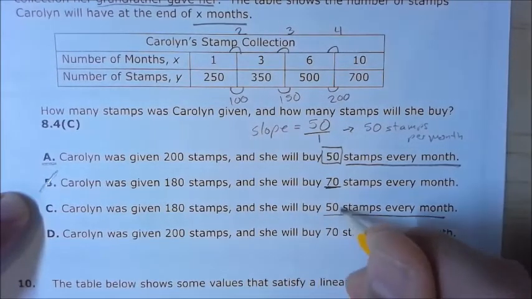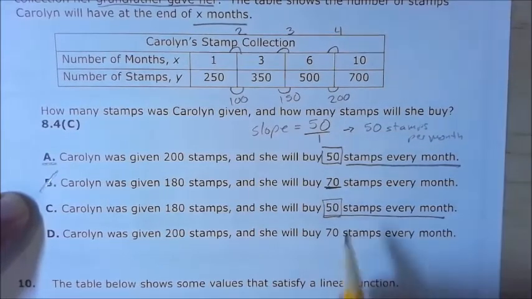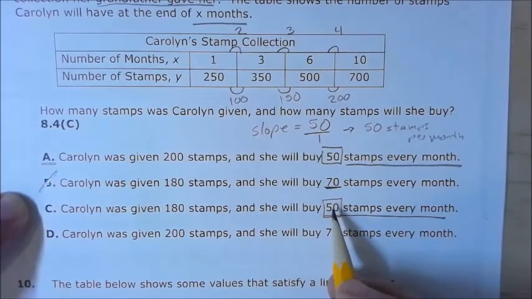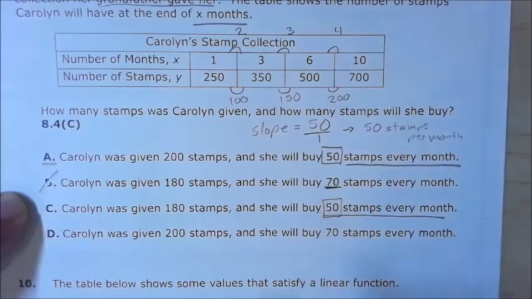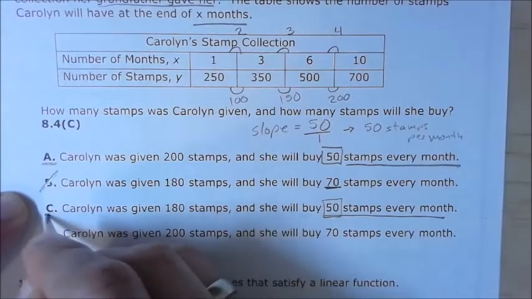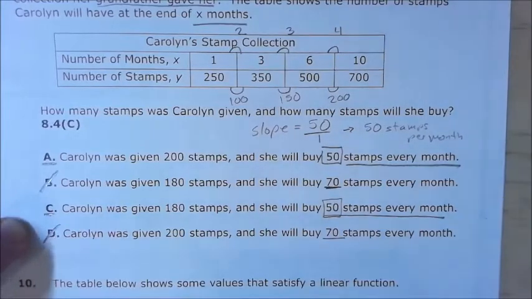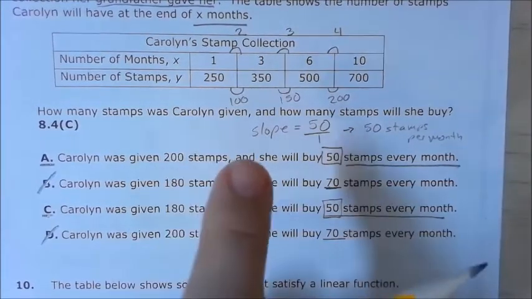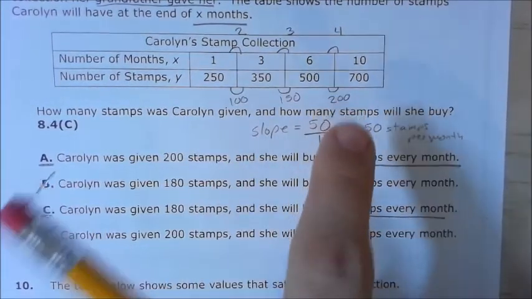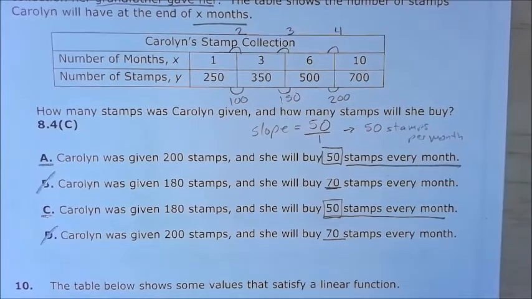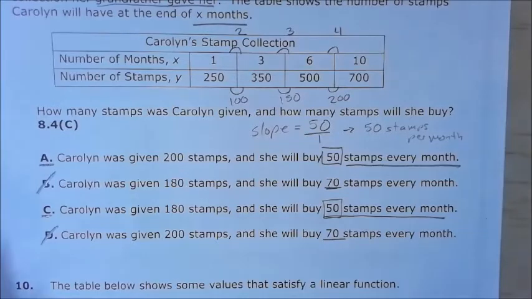There's that number again, 50. We know that's relevant. That's our slope and it's our rate of change if we make it per month. So C is a possible answer. And D says 70, so we can go ahead and rule out D. Now, just by knowing what our slope was and converting it to a rate of change, we are able to eliminate two answers, and there's only two possible choices. So let's see which one makes the most sense.